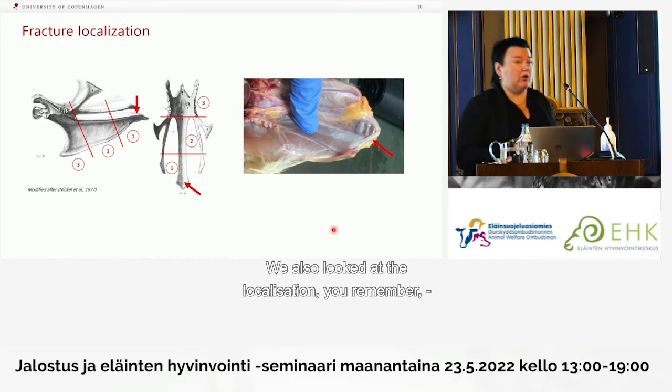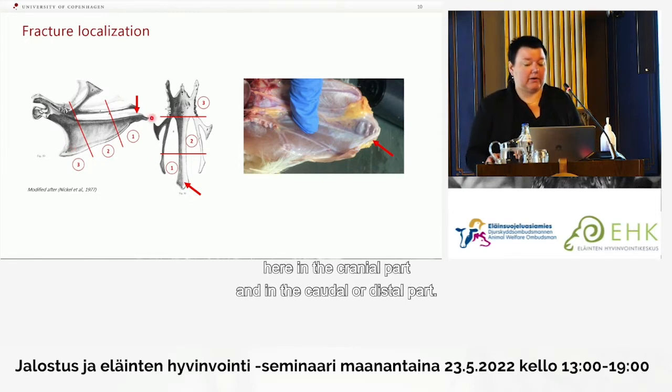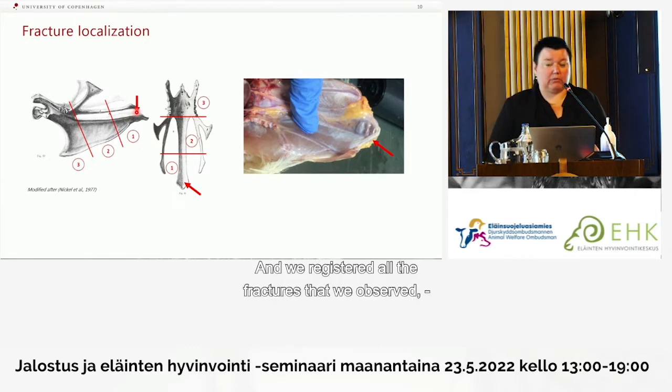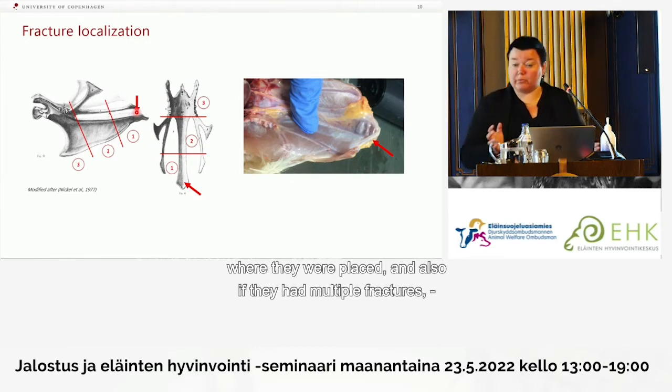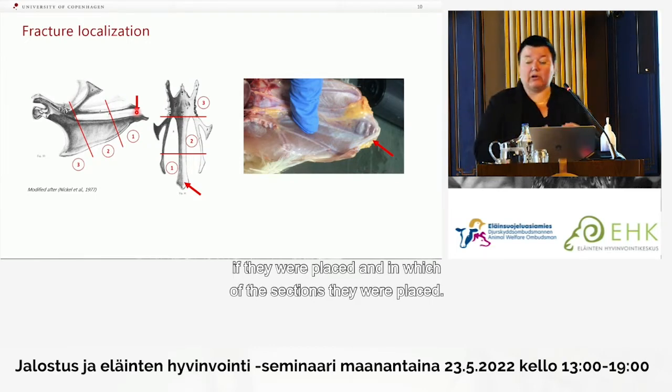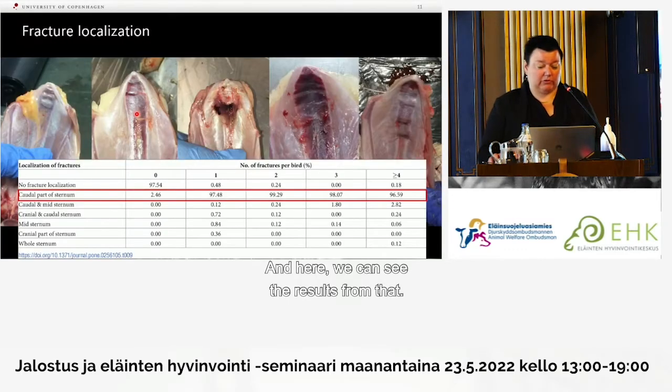We also looked at the localization. You remember I had 2 spots on the keel bone, in the cranial part and in the caudal or distal part. We registered all the fractures that we observed, where they were placed, and also if they had multiple fractures, in which of the sections they were placed. And here we can see the results from that.